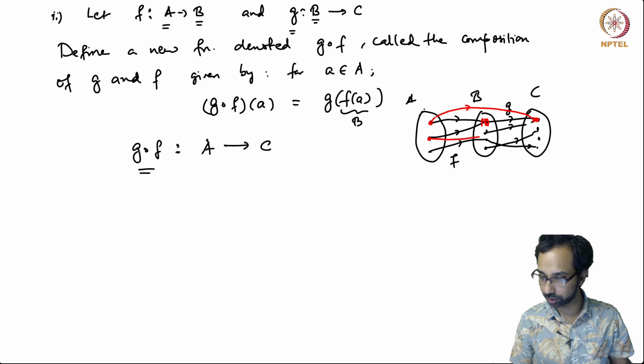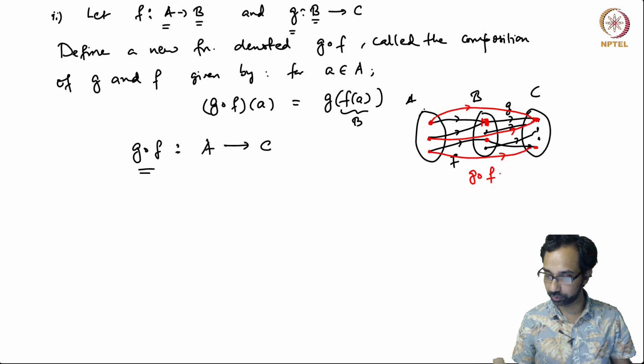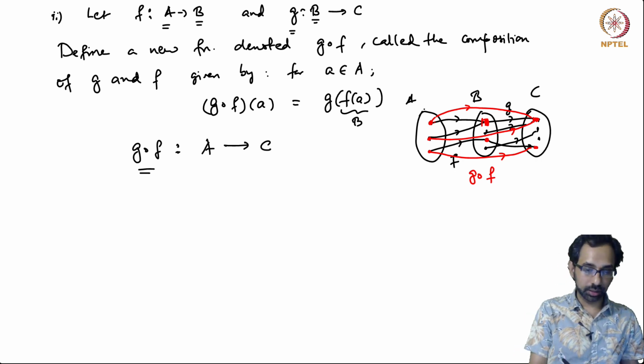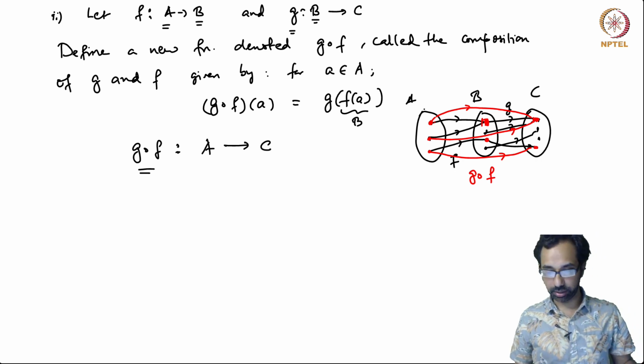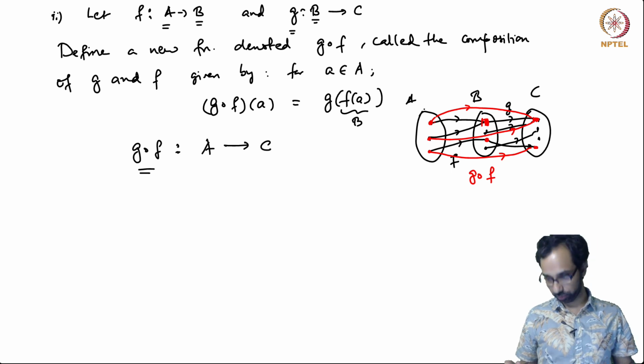So there is again an arrow here, and the last one gets mapped first to this point and then to this point. So there is an arrow here. So this is g composed with f. So in terms of arrows, it's easy to see, but of course you cannot draw pictures all the time.